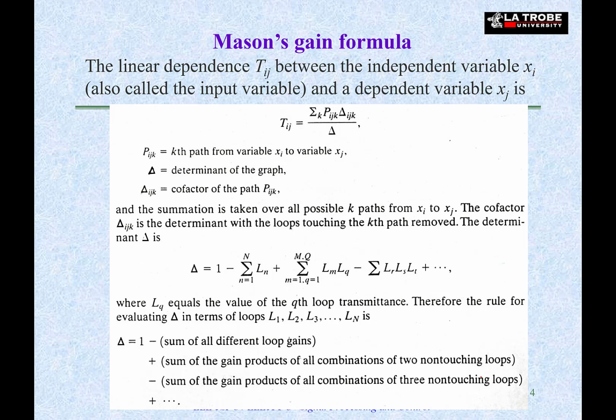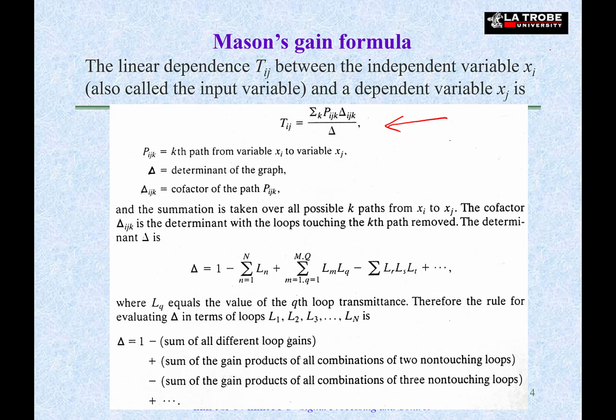So the Mason's gain formula governs the derivation of the transfer function represented by a signal flow graph. Let's read the top two lines. The linear dependence Tij between the independent variable xi and a dependent variable xj is given by this formula, which is known as the Mason's gain formula.